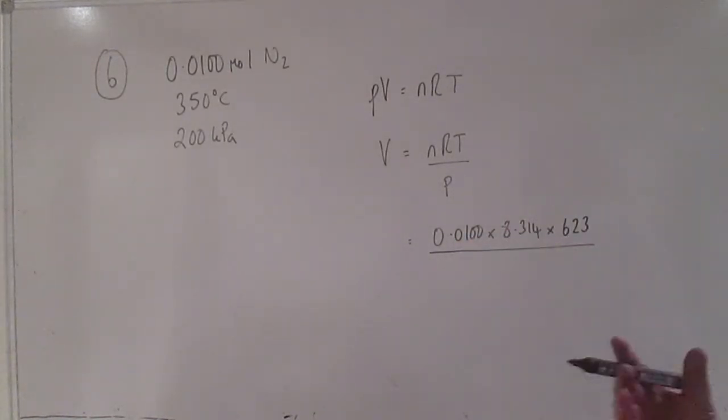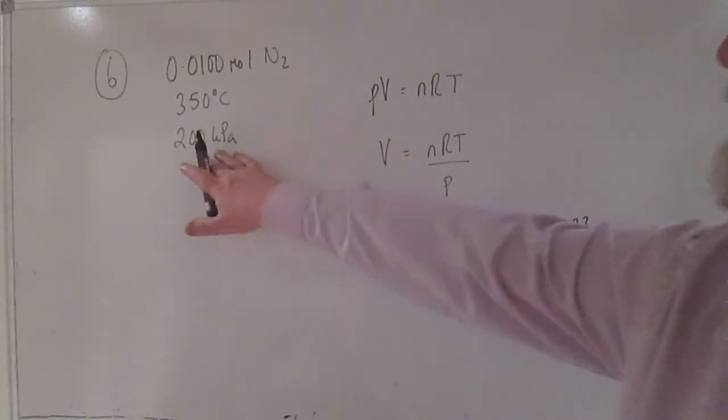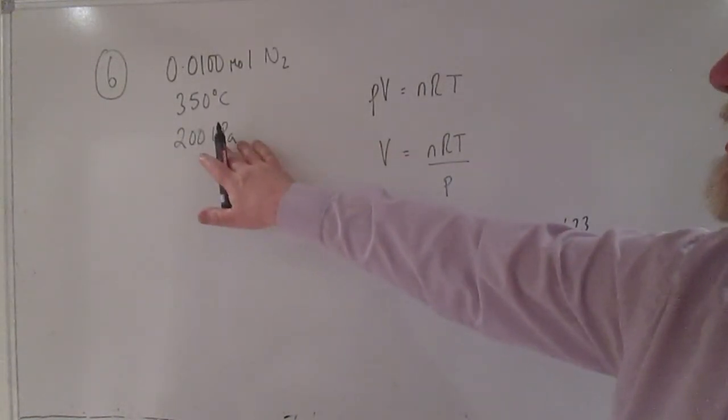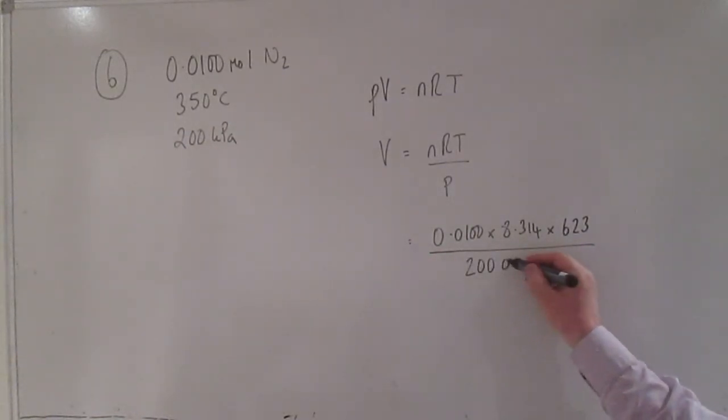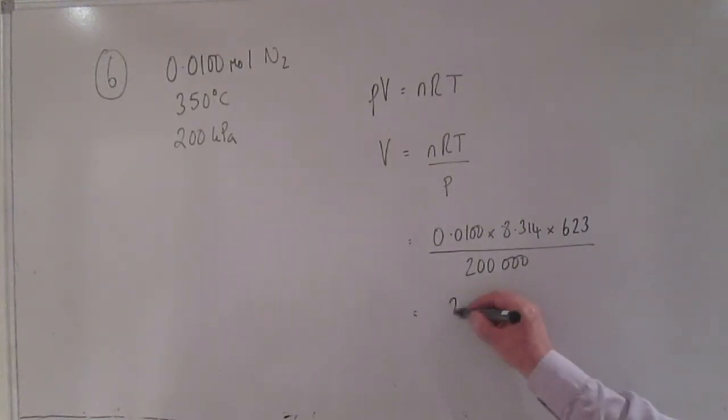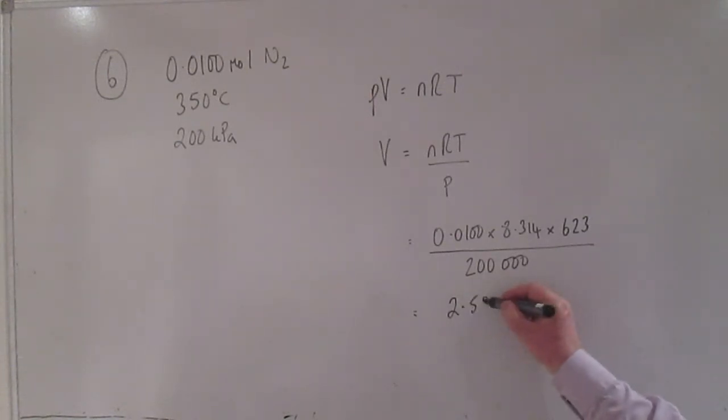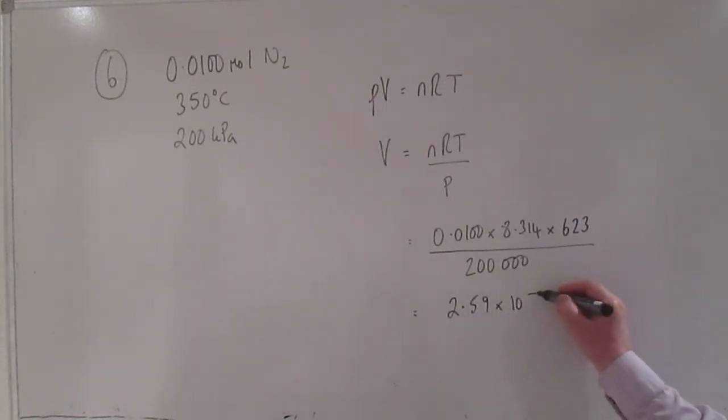And P is the pressure, but that needs to be in pascals, not kilopascals. So 200 kilopascals is 200 lots of 1,000 pascals, 200,000 pascals. So those are your numbers, and if you crunch all of those, your answer comes out as 2.59 times 10 to the minus 4.